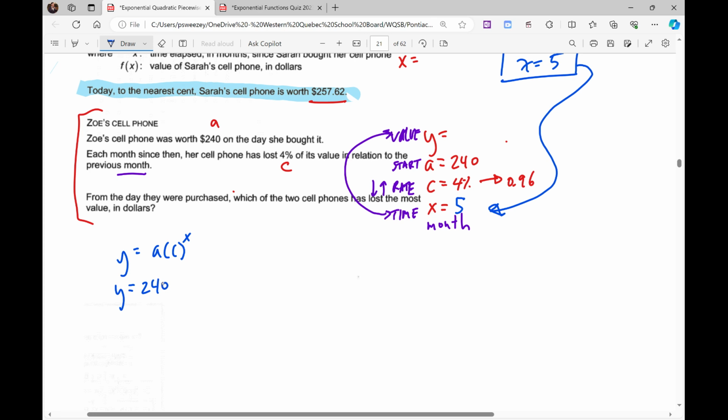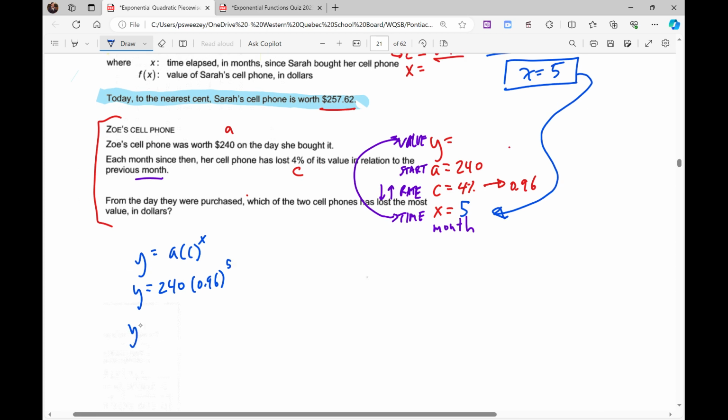I don't know the value of hers today, but I know that her C value is 0.96, and I also know that the X value is 5 because I just found that, okay? And then multiplying all that together in one shot, I get a Y value of 195.69, okay?